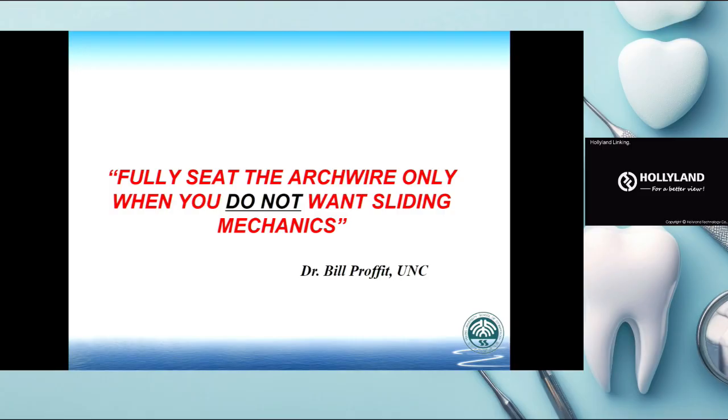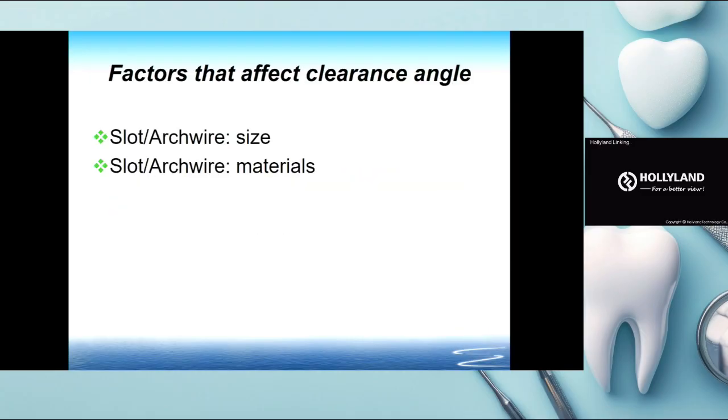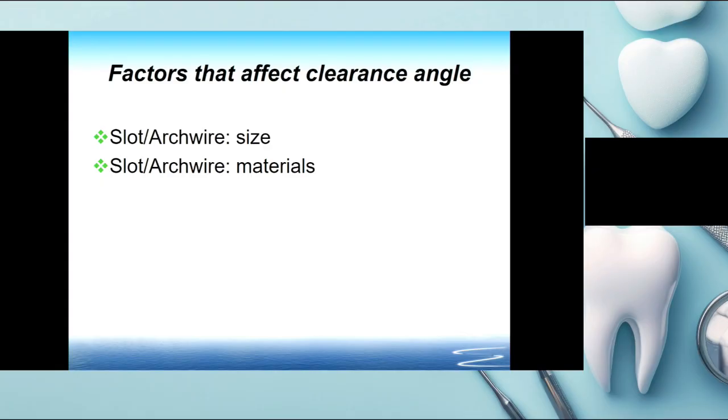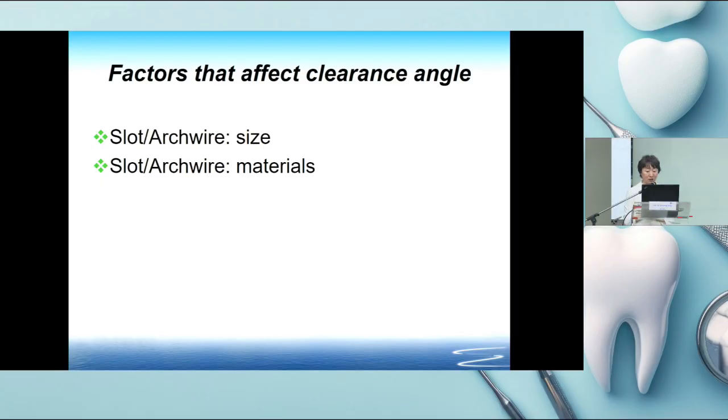He also said to fully seat the arch wire only when you do not want sliding mechanics. So the factors that affect clearance angle are the combination of slot and arch wire, and the materials of the arch wire and the slots.